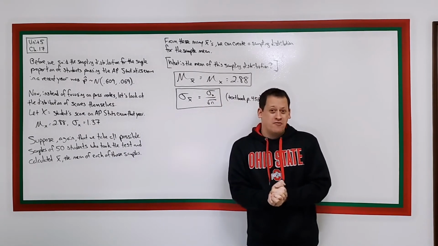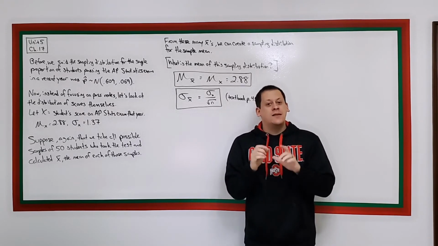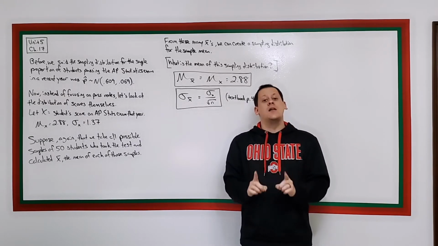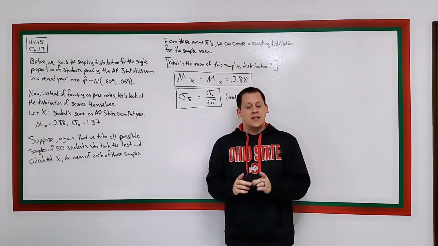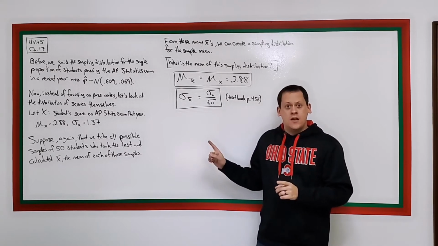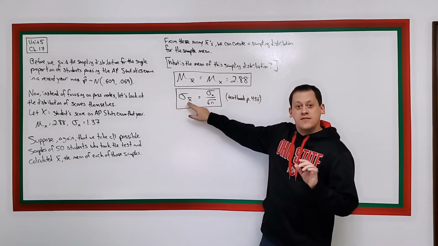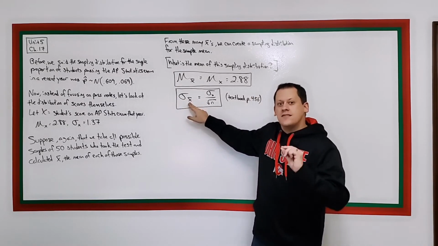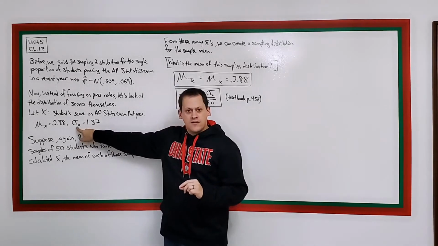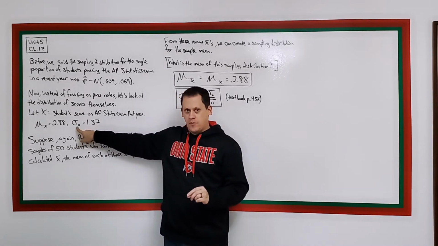Why did I go through the effort of trying to explain that in context? Because the number one mistake students make with sampling distributions of sample means is that they assume that the standard deviation of the sampling distribution is the same thing as the standard deviation of the original random variable.